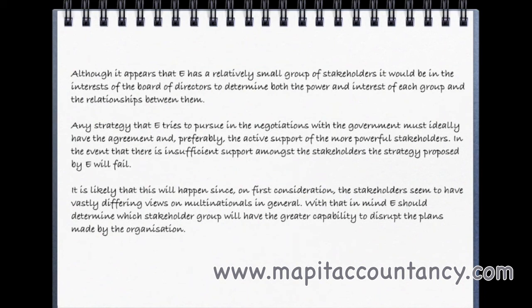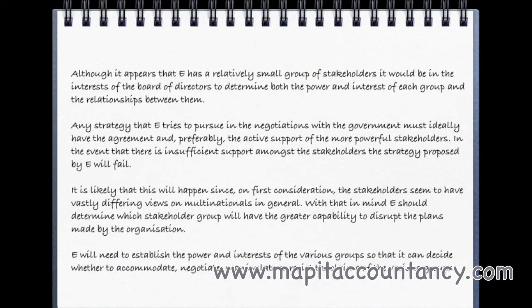So they need to think about who is going to have the most power to influence what they do, and they'll then need to deal with them in the ways that we talked about in the lecture. So they need to establish the power and interests of the various groups so that it can decide whether to accommodate, negotiate, manipulate or resist the claims of the various groups. So those are the benefits that they will take from conducting the stakeholder analysis.